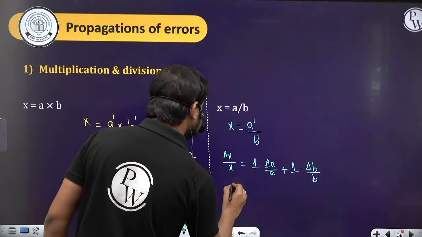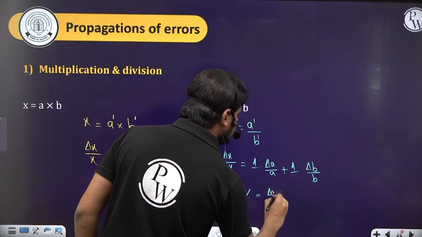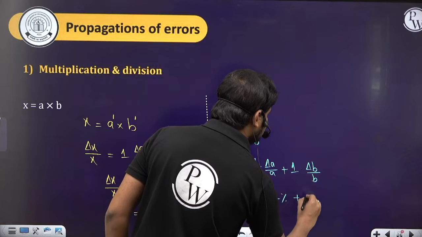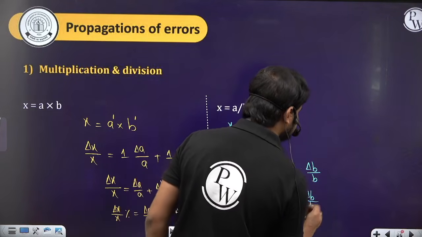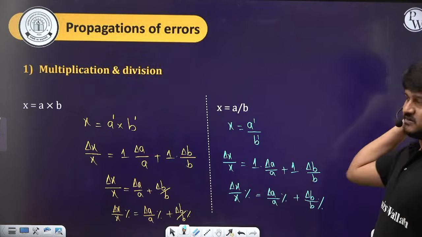If you need the percentage, delta x by x percentage is equal to delta a by a percentage plus delta b by b percentage. That's it. Understood?